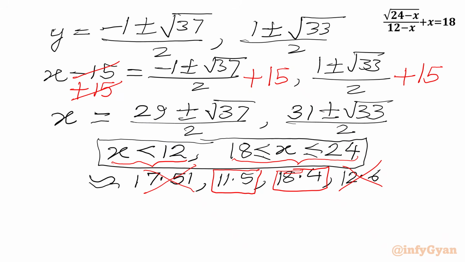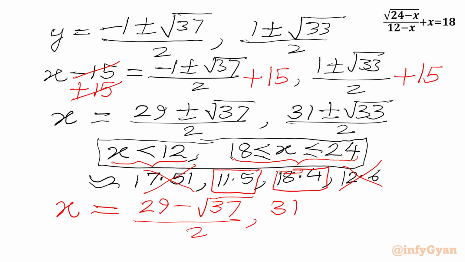So we will reject. So for x to be real, only two solutions are accepted. The first one is 29 minus square root 37 over 2 and 31 plus square root 33 over 2.